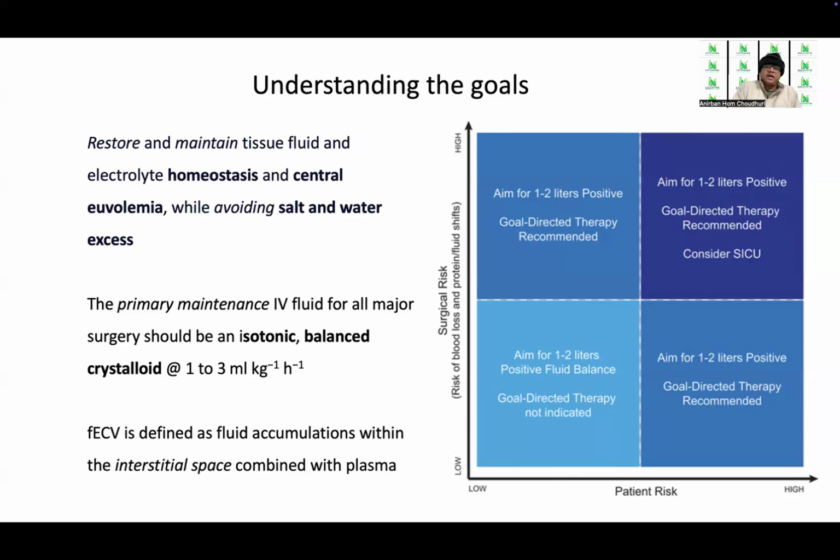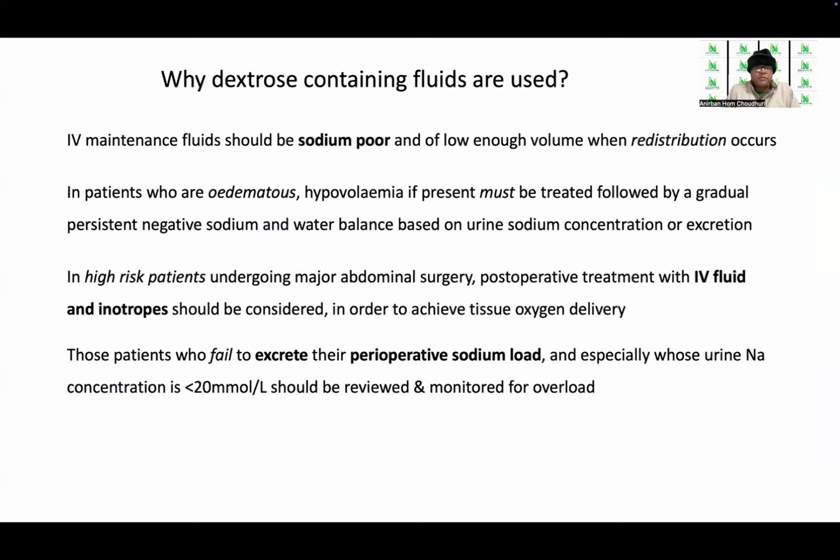When the risk is high, the patient should be considered for admission in the surgical ICU or ICU, so that goal-directed therapy can be more meticulously and carefully planned and performed.